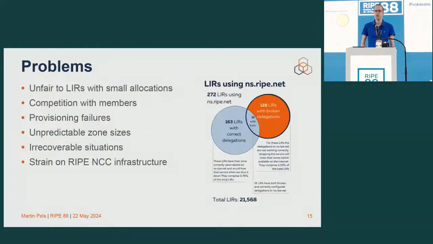And then there are various technical issues that we see. The biggest one is that we see provisioning failures, where people configure us as a secondary, and then we try to fetch the zone from the primary, and that fails. We see this for about half of the zones that are configured on this platform.